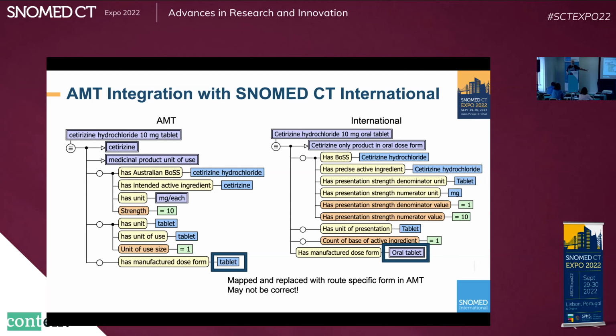So there's no pre-coordinated concept on either side, which basically says the way that AMT says 10 milligrams per each, which is basically AMT saying there's 10 milligrams per thing in this thing, is equivalent to the international modeling with these 4 different attributes and 10 milligrams per tablet.